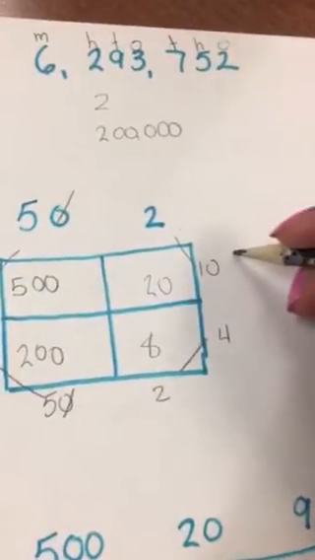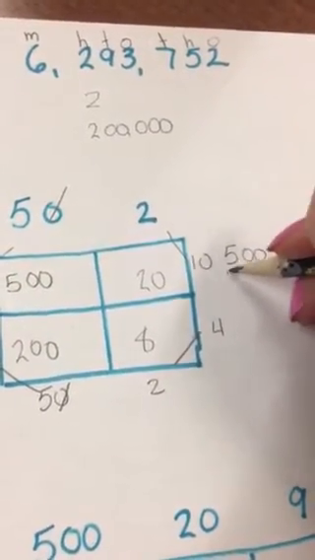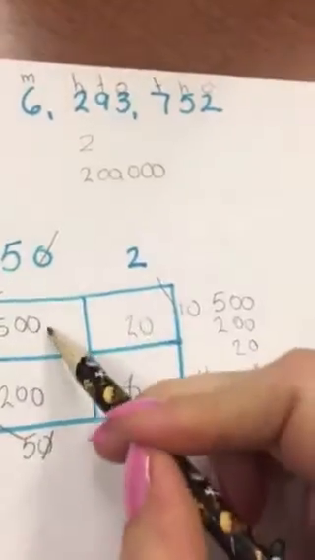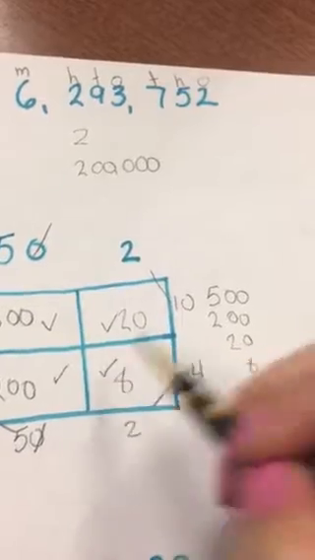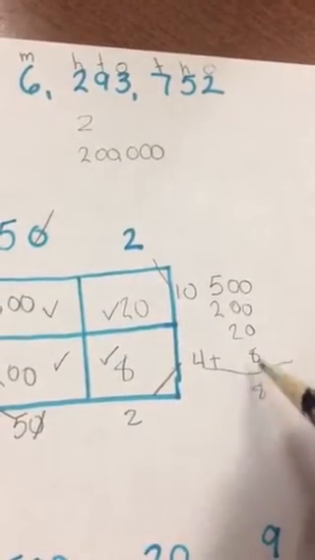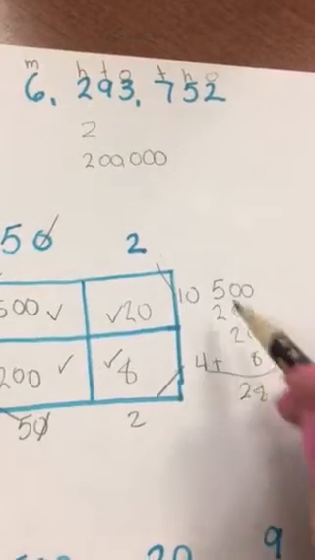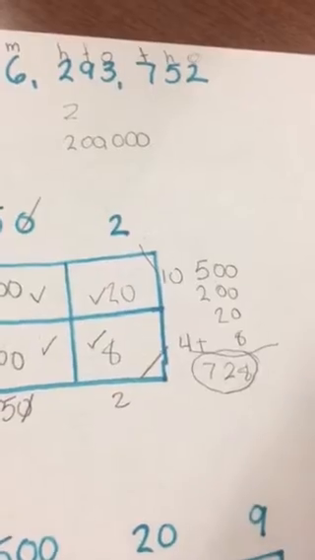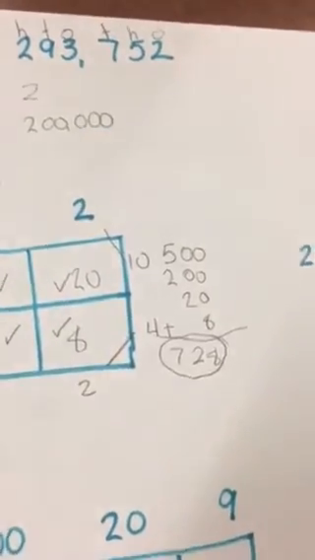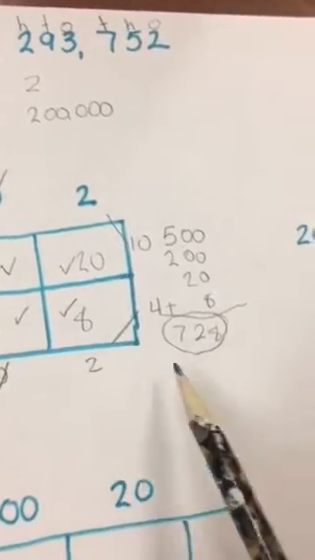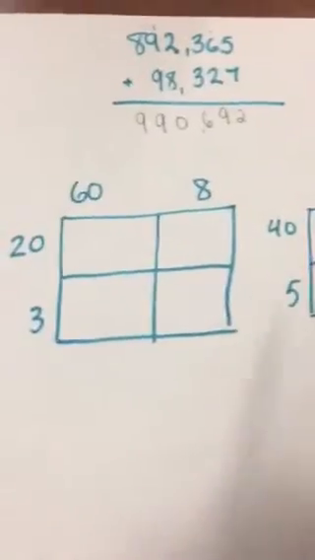Now I need to pull over and add 500 plus 200 plus 20 plus 8. Check, check, check, check. 0 plus 0 plus 0 plus 8, 0 plus 0 plus 2, and 5 plus 2 is 7. So 728. Now the question is, do not have a product less than 1,800. This one does have a product less than that, so A is not a good answer choice.